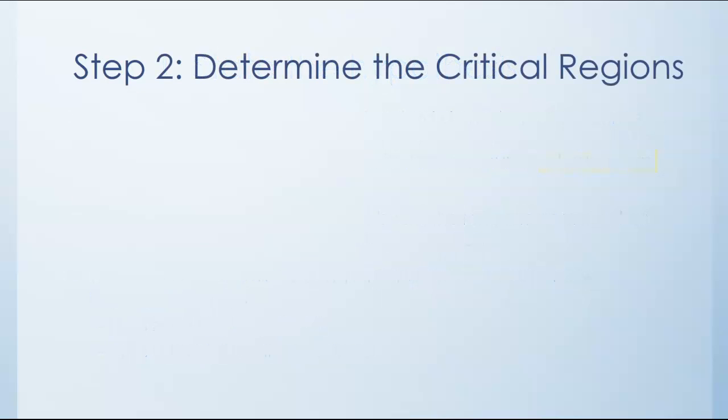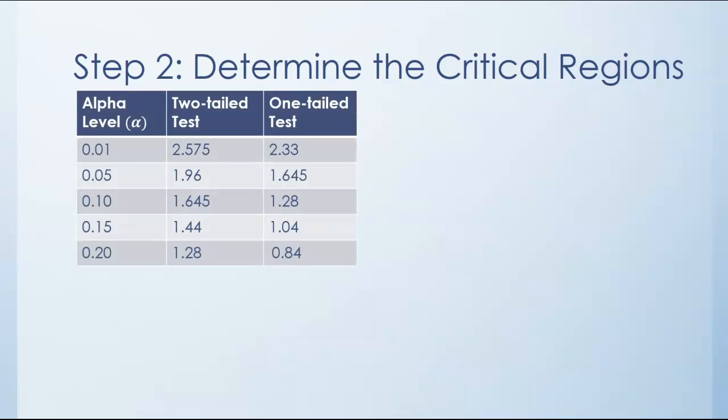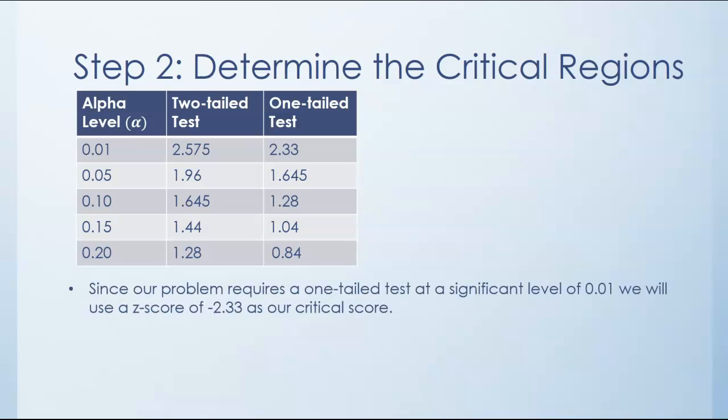So now let's determine our critical region. Again, this is the same chart that we had in the previous video for our two-tailed test. This time we are using an alpha level of 0.01 and we're doing a one-tailed test. So that means our critical score is going to be 2.33, and it's actually going to be a negative 2.33 since we are looking at things being lower than our mean. So we're looking at the negative side of our graph.